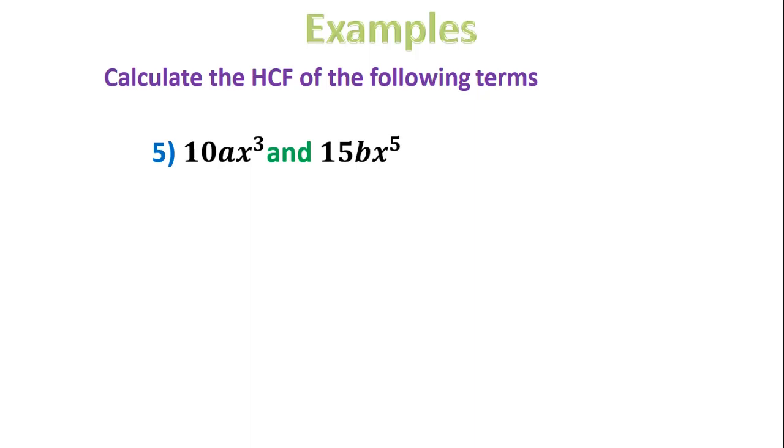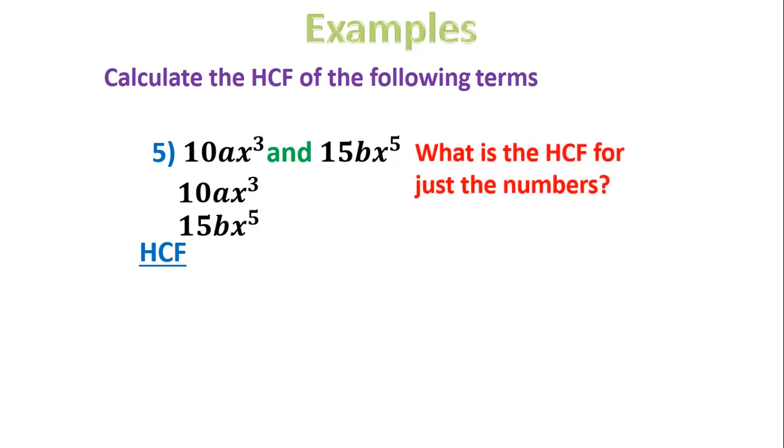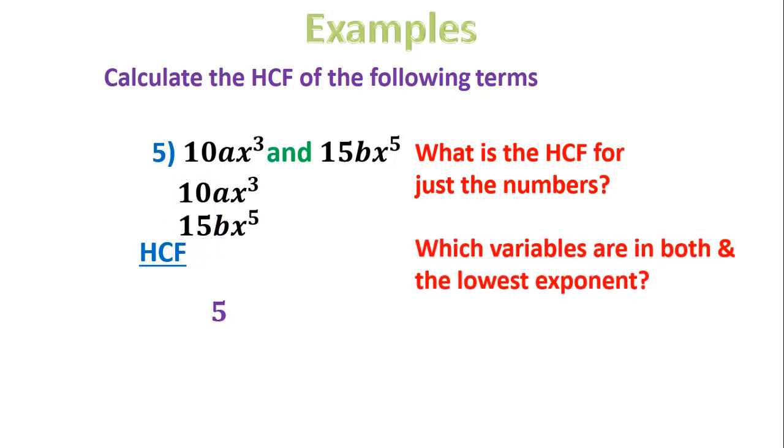Example 5: 10ax cubed and 15bx to the power of 5. Again, layout is pretty standard, and now we ask our first two questions. What is the HCF for just the numbers? The numbers in front are 10 and 15. My highest common factor, hopefully you can tell, is 5. Brilliant. Now I look at my second question.